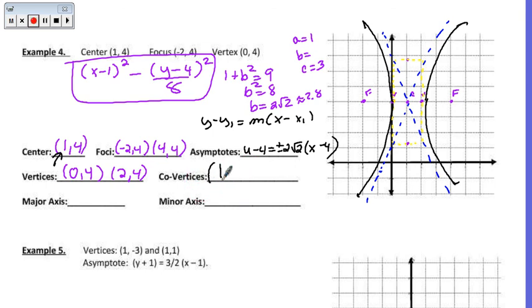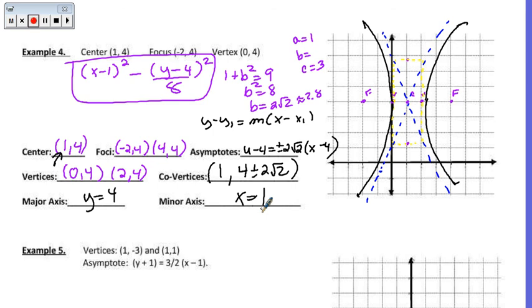So we're going to keep the x-coordinate of 1, and it's going to be 4, and then we're adding up to root 2 and down to root 2. I apologize about that mistake. The major axis in this case is the line y is equal to 4. That's where the focus and all that's running through. And our minor axis is at x is equal to 1.